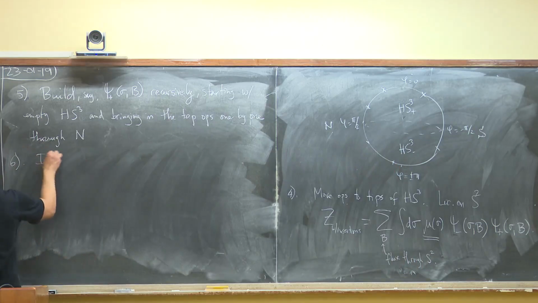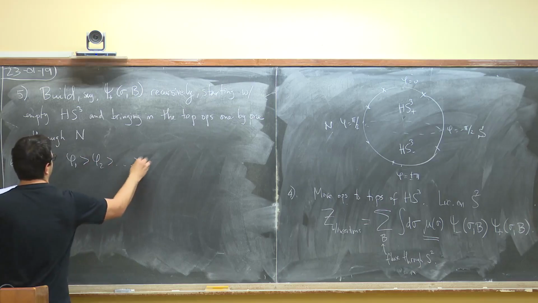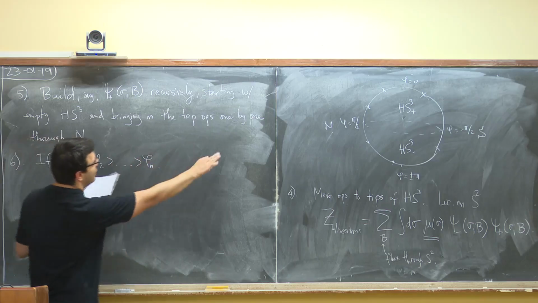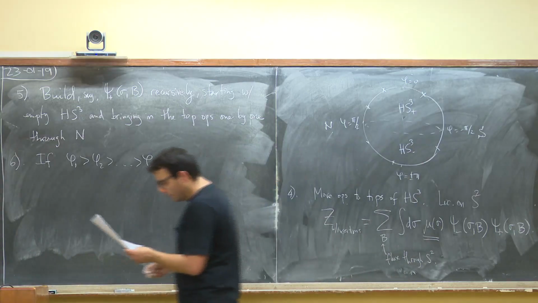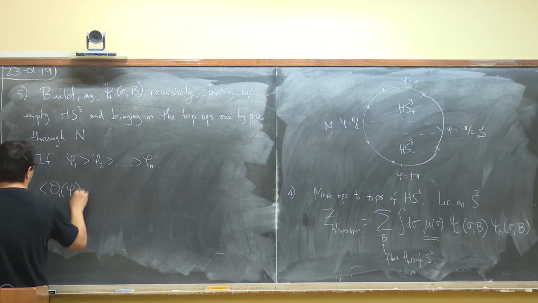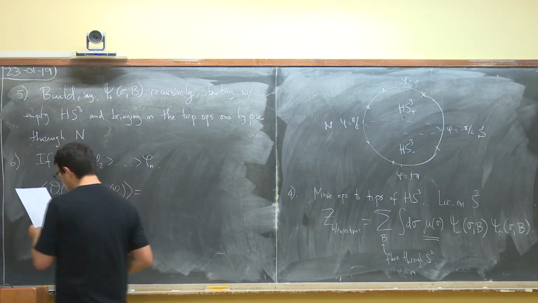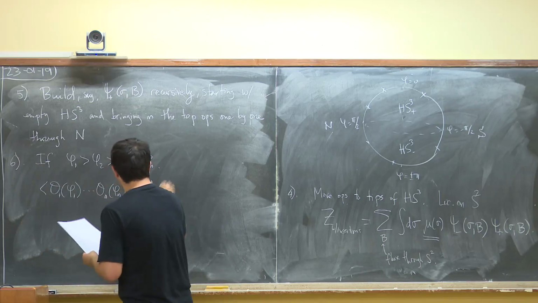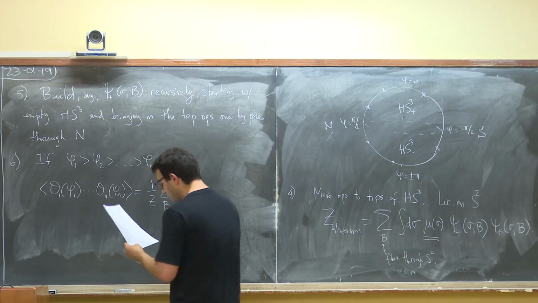So then if phi 1 is bigger than phi 2 and so on, bigger than phi n, suppose all these angles are ordered, we put all the operators in the upper hemisphere. Then the final formula is the expectation value of O1 of phi 1, through On of phi n. This is 1 over the partition function, and then sum over b, integral over sigma, this measure.